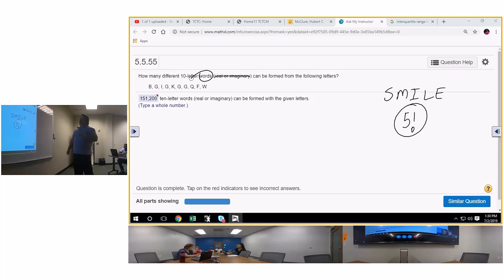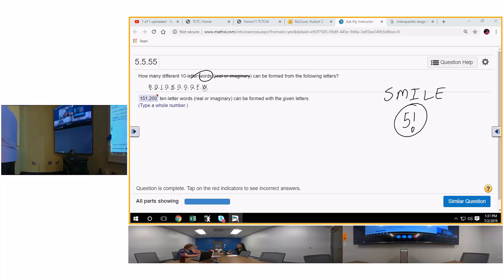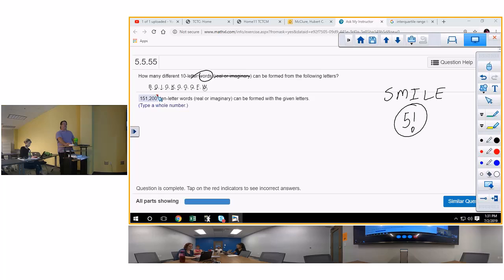Okay, so since they did put real or imaginary, how many letters do we have? 1, 2, 3, 4, 5, 6, 7, 8, 9, 10. So go to it. 10 factorial. What is 10 factorial? 3,628,008. Well, okay, then we're missing something.